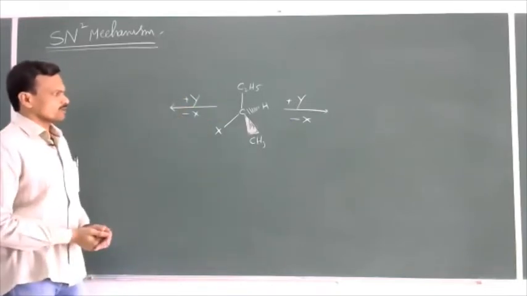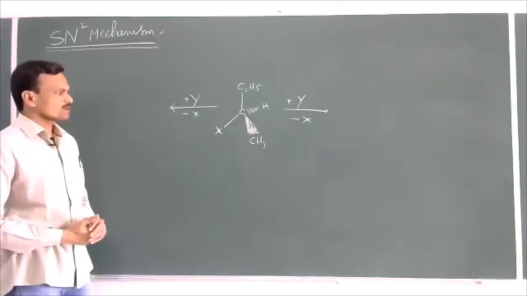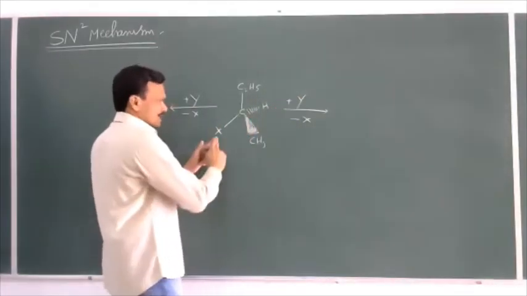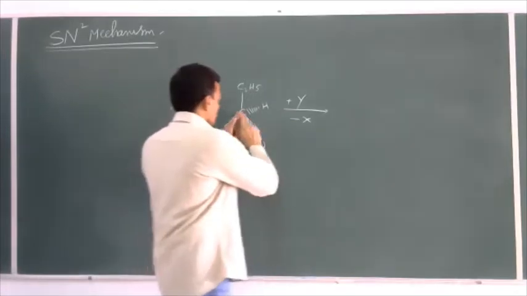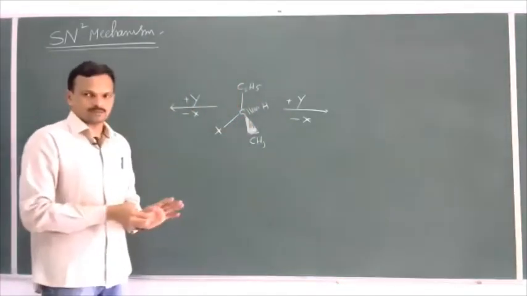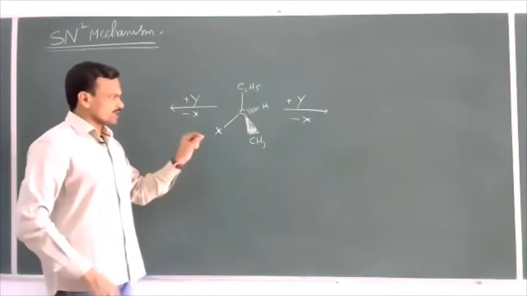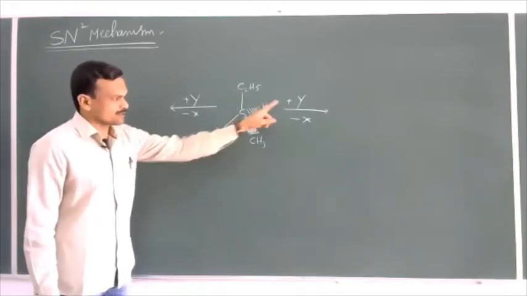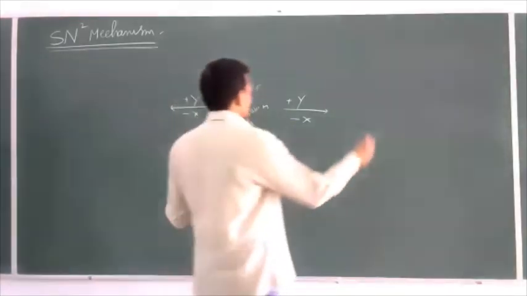The first one is that Y replaces X, and the spatial orientation of the remaining groups stays the same. Without any change in the spatial orientation of the groups, X is replaced by Y. Then we get the product like this.